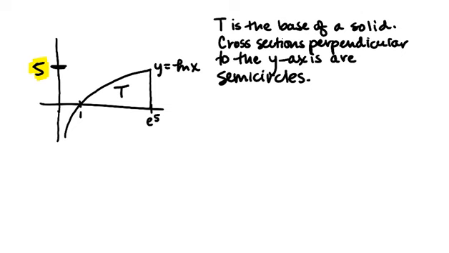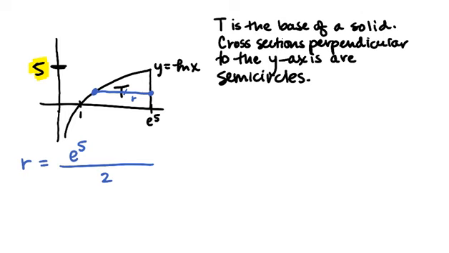Okay, well, let's go over here. Okay, that's a cross-section perpendicular to the y-axis. The radius is going to only be half of that. Okay, so the radius will be half of something. We're going to do right minus left. So that's going to be x equals e to the 5 minus x equals, okay, I don't have an x equals for this curve.